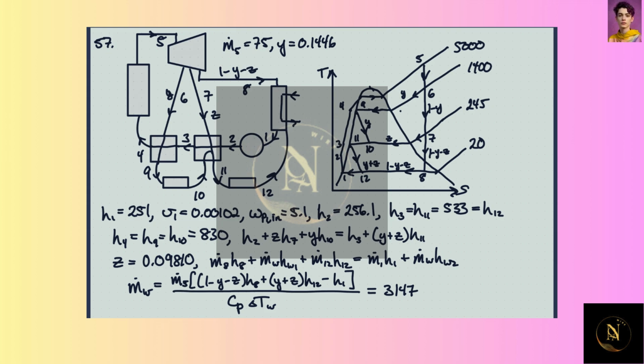That winds up being the full flow going into the turbine, so the coefficient of 1 here.